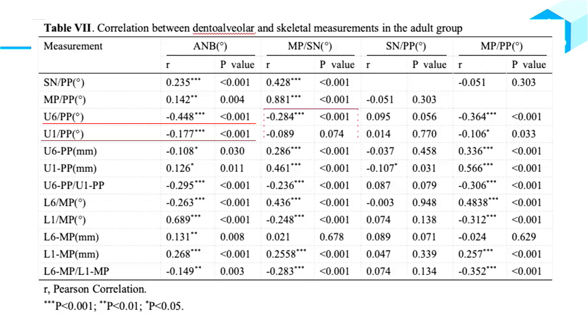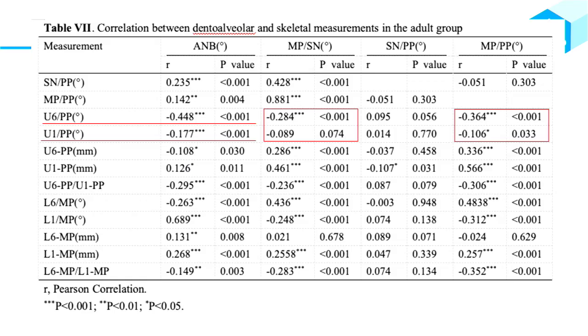Then we check the vertical jaw relationship. Upper molar to palatal plane, the correlation coefficient is 0.284, and incisor to palatal plane, 0.089, with no statistically significant difference.